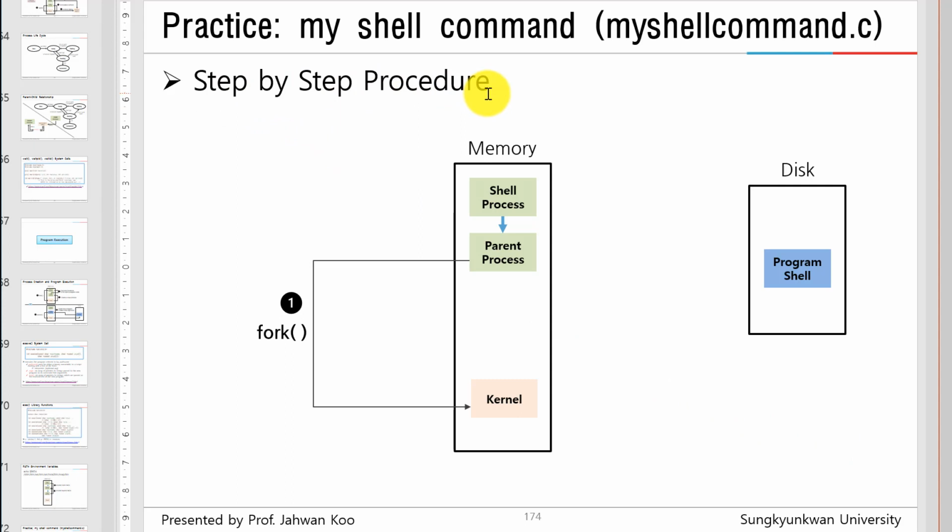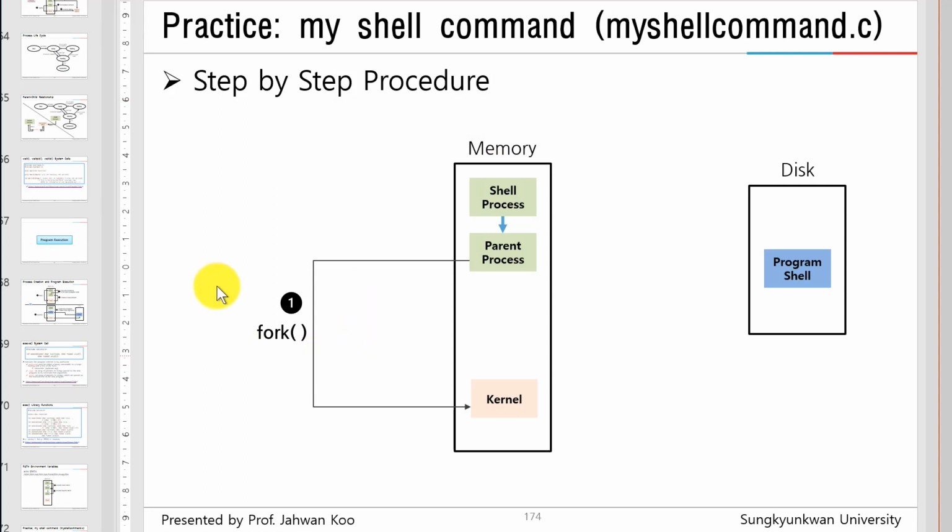This step-by-step procedure will help you understand how to create a process using the fork system call, how to execute a new program using the exec system call, how to wait for the status of a process using the wait system call, and how to exit a process using the exit system call.